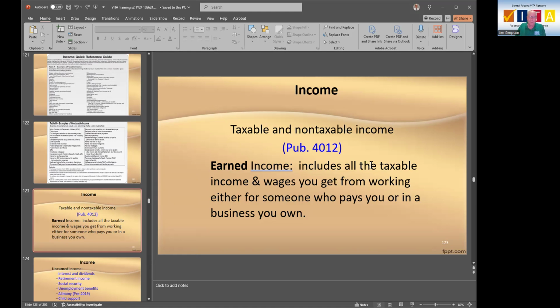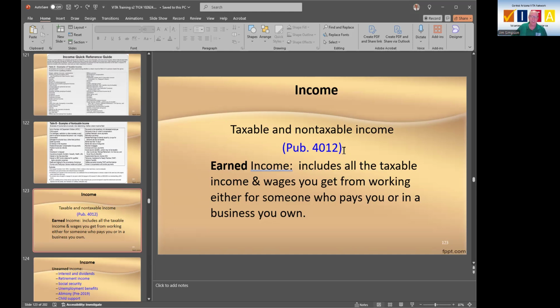So earned income is kind of what it says. You went and did something for somebody who paid you for it, right? You actually performed some kind of service for that. I mean, you can say, well, I earned interest and dividends on my stocks. That's earned income. No, the only thing you did for it is invest money. You didn't provide any services, right?